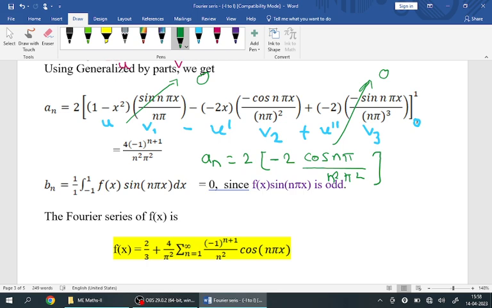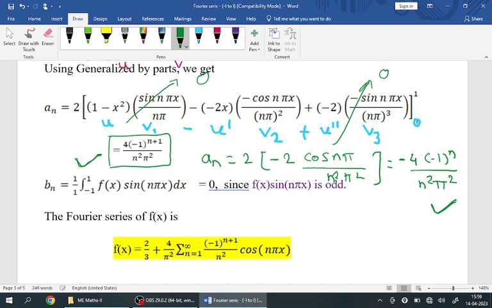So this 2 into 2 is minus 4. Minus 4 times minus 1 raised to n upon n square pi square, and that is the value of an. But remember, if this minus sign is raised, it is written as minus 1 raised to n plus 1. Both are the same. This is the same answer as this one. So you can keep any one of them.